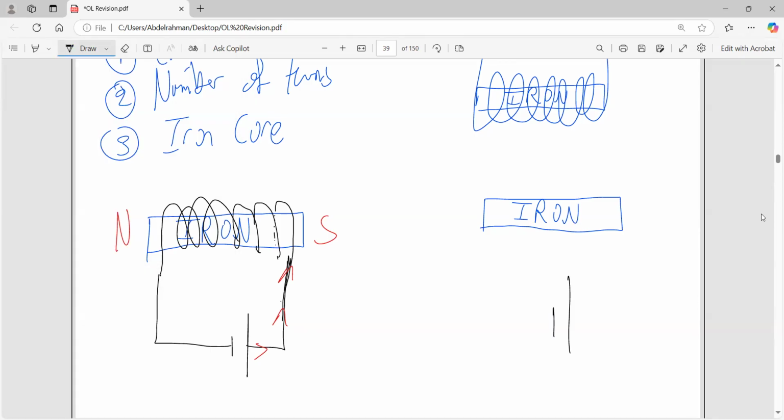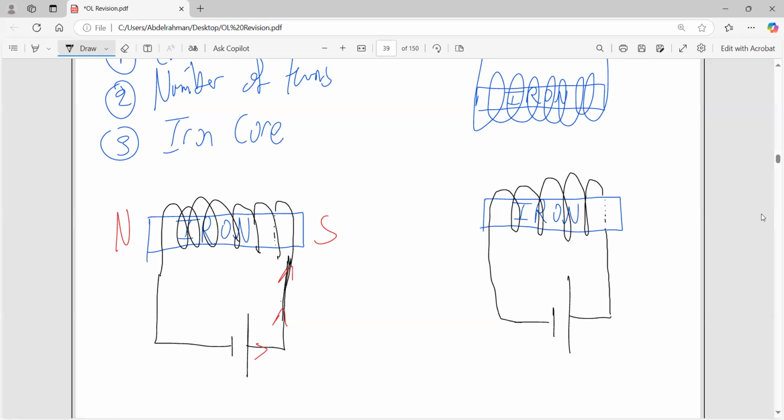This is the battery, and if you look at the wire, the first part of the coil is moving from behind, and then it keeps on rotating around the iron core. I'm asking about the first part of this coil. Is it moving above or below the iron core?